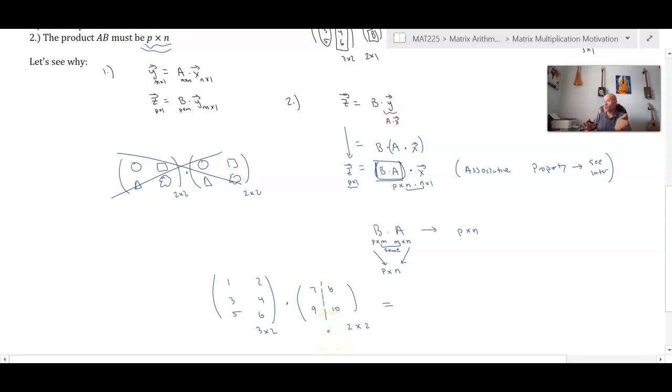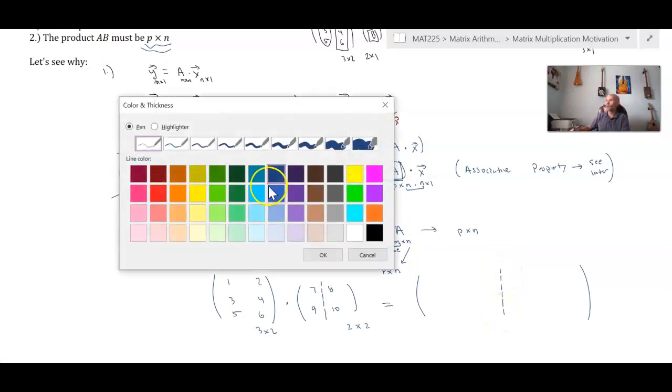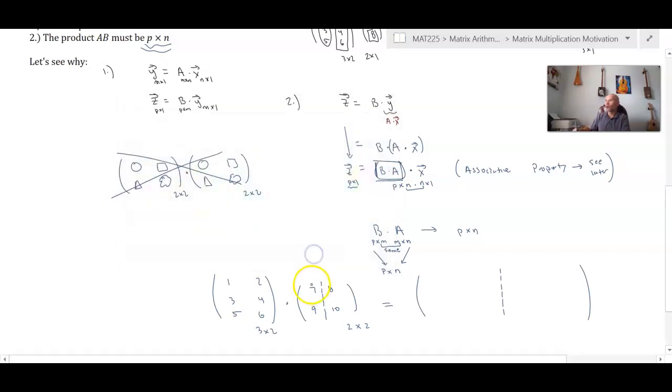So the only difference between matrix vector multiplication and matrix multiplication is that we're going to end up with 2 columns instead of 1. The first column that we get will be, again, the matrix vector product, but now it'll be between 7, 9 and the columns 1, 3, 5 and 2, 4, 6, and those 3 components will end up going here.